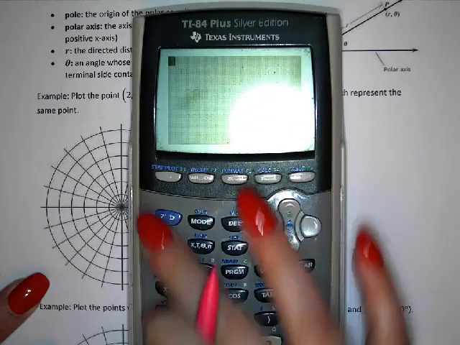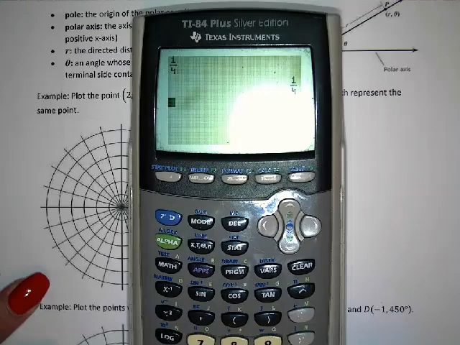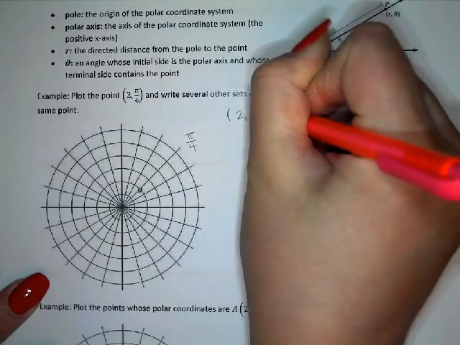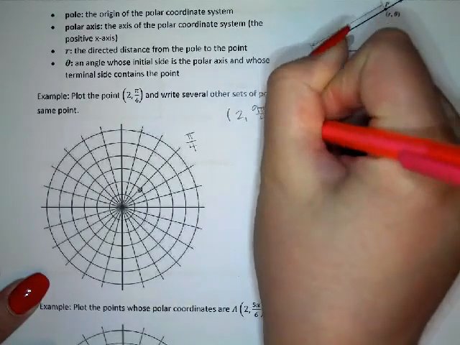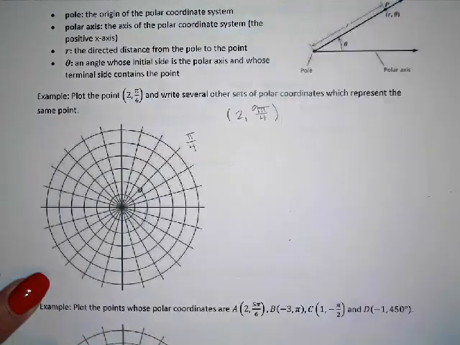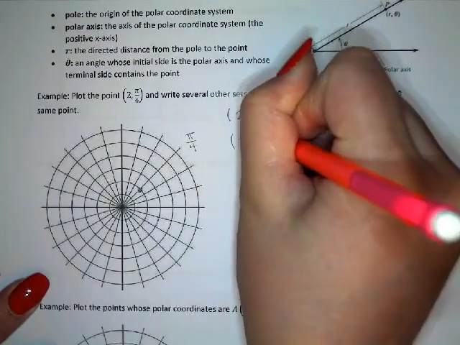For instance, I could take π/4 and just add a full circle to it. So 9π/4 would be the exact same point because 9π/4 is coterminal. I could add 2π again, 17π/4, and that would give me the exact same point.